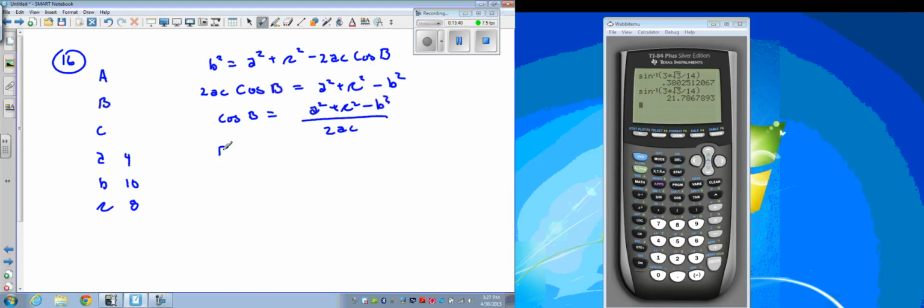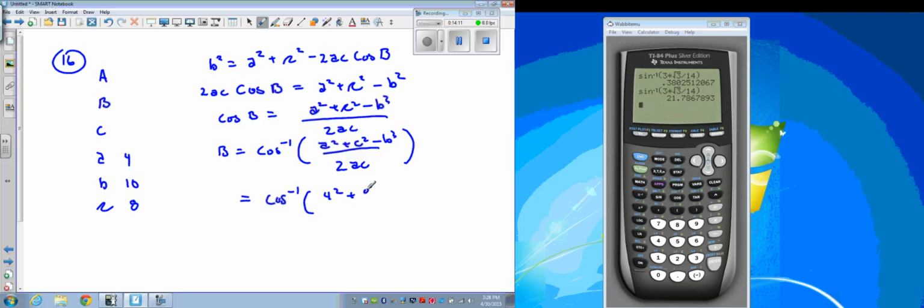And then B is going to be cosine inverse of that, right? If we calculate this and then do the cosine inverse of that answer, it's going to be 4 squared plus 8 squared minus 10 squared over 2 times 4 times 8.